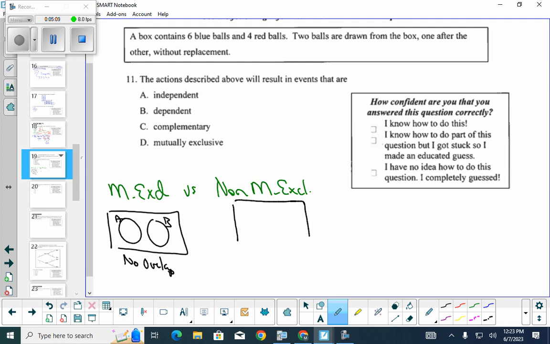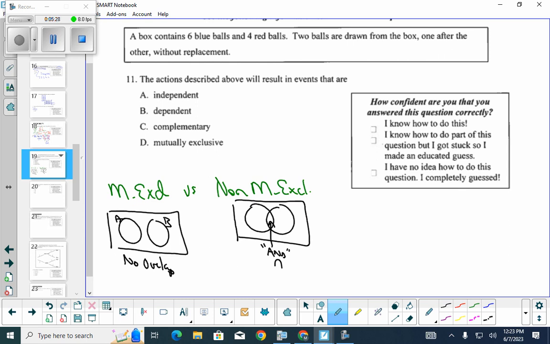Not mutually exclusive are events with overlap. The overlap is what we call the and, or the intersect. Okay, we learned about that in set theory.